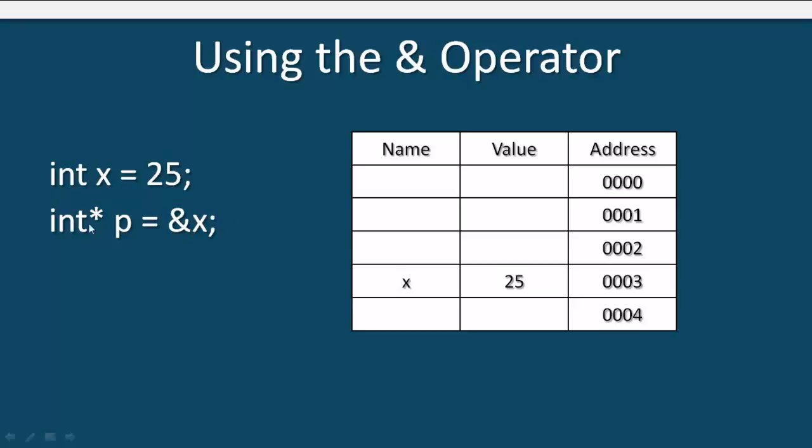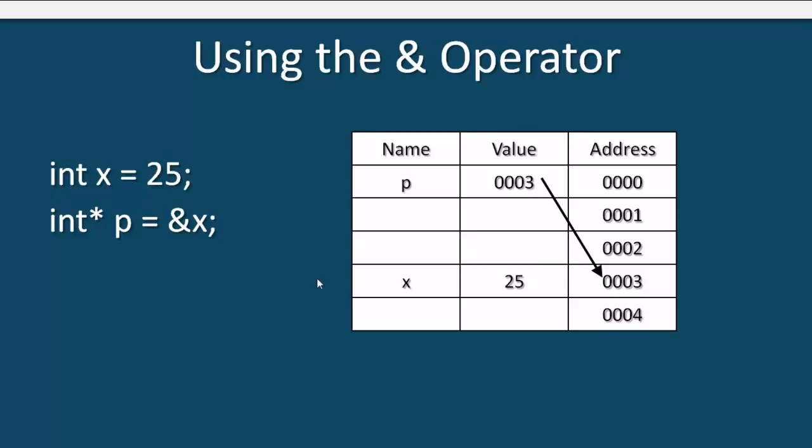In this case, we're declaring an integer pointer P, and we're assigning the address associated with X. Once we finish this line of code, we would have this logical representation in our memory. We have this particular value of 3 for the address, and it's associated with this, so we're indirectly able to get to this particular value.